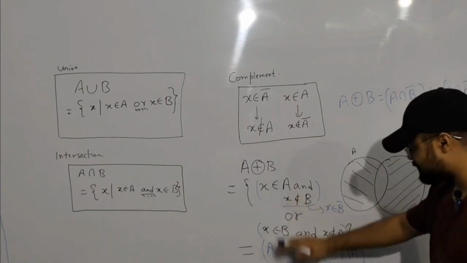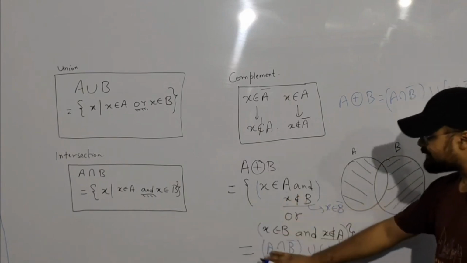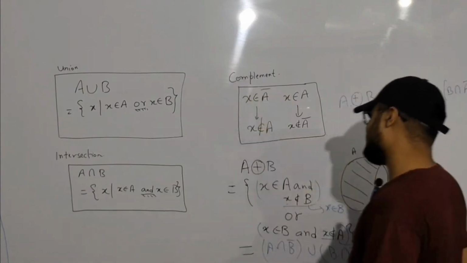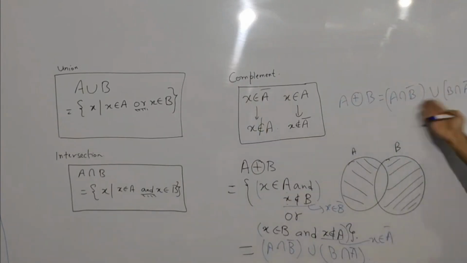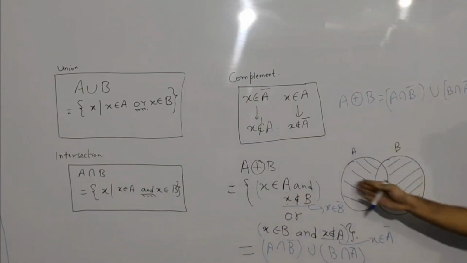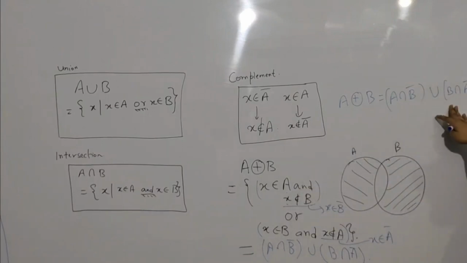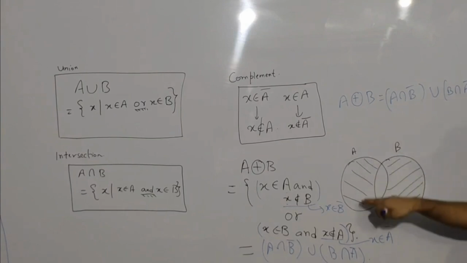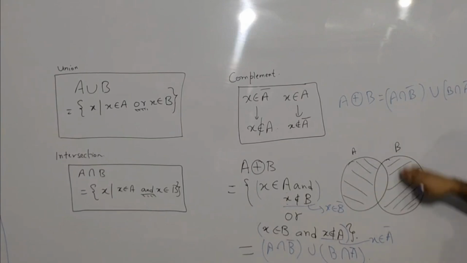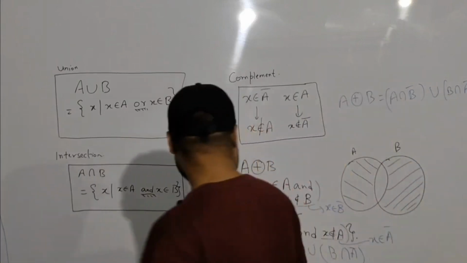I am just writing it in terms of set operations, and you can verify it very easily. You can see clearly A intersection B complement is this region, B intersection A complement is this region.